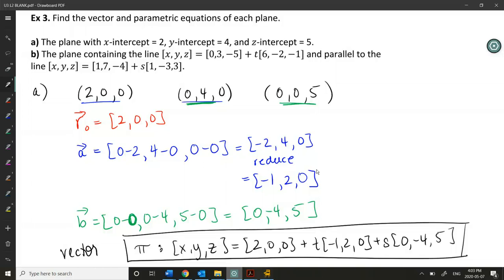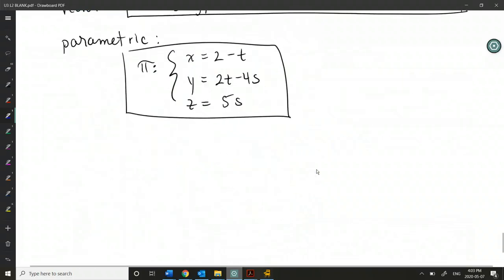Okay, so if my plane contains the first line, that means that it contains this point, 0, 3, negative 5, and it contains this direction vector. And if it's parallel to the second line, it doesn't necessarily contain this point, because that's a point that is maybe in a line that hovers above the plane, but it does have a direction vector which is parallel to the direction vector of the line.